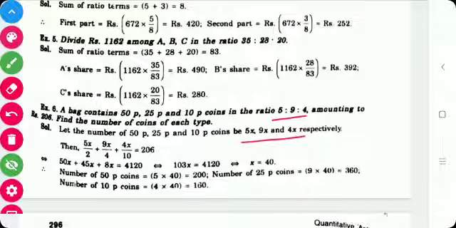We write the equation 5x upon 2 plus 9x upon 4 plus 4x upon 10 equals 206. If we solve this, the value of x is 40. So the number of 50 paise coins is 5 into 40, 200. The number of 25 paise coins is 9 into 40, 360. And the number of 10 paise coins is 4 into 40, 160.